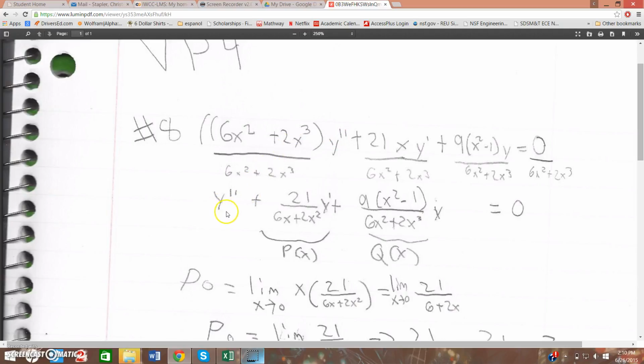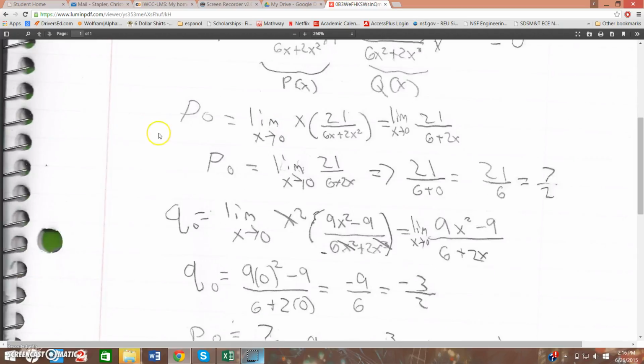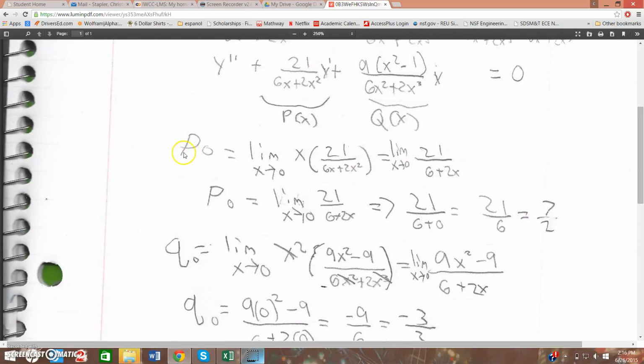I'm left with this equation: y double prime plus 21 over 6x plus 2x squared y prime plus 9 times x squared minus 1 over 6x squared plus 2x cubed y equals 0. And so then we get our p of x and our q of x, which we then use to find p naught and q naught.